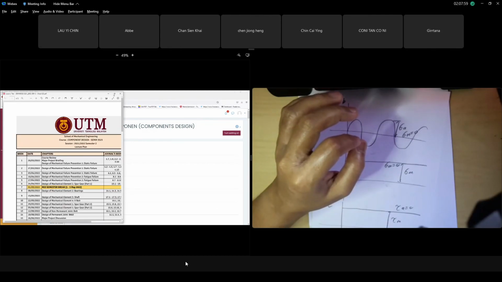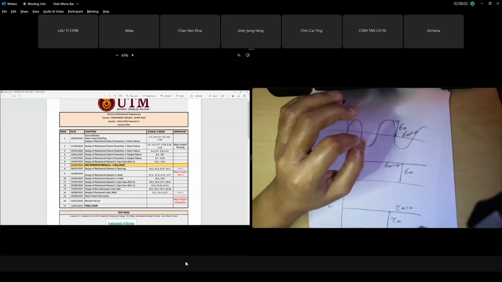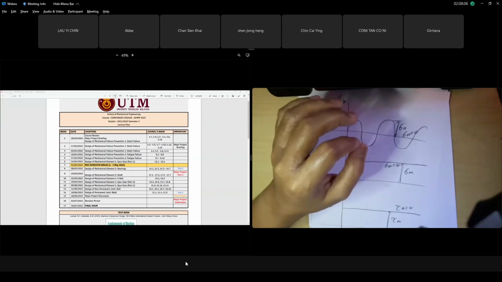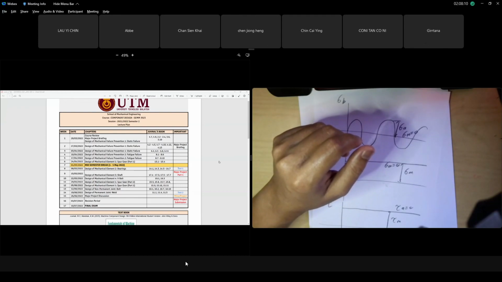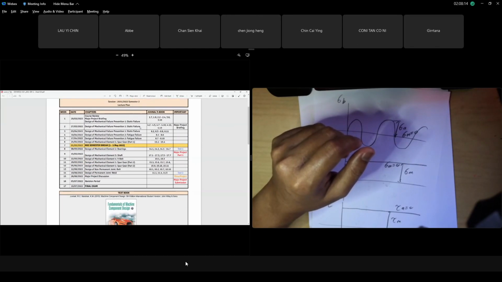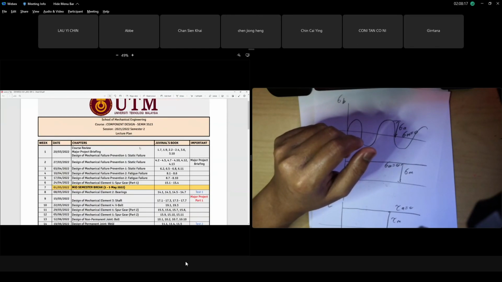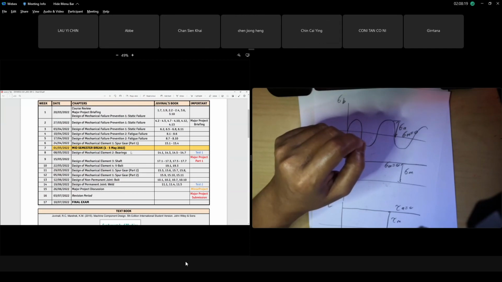Yeah, I understand. If I share the course outline, our schedule, can you see our course lecture plan? Test 1, if you look at the lecture plan, is on week 8, 8-5, standby 8-5 after raya. It could be this.